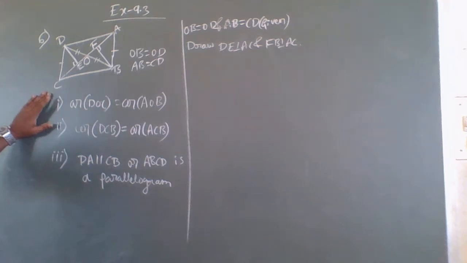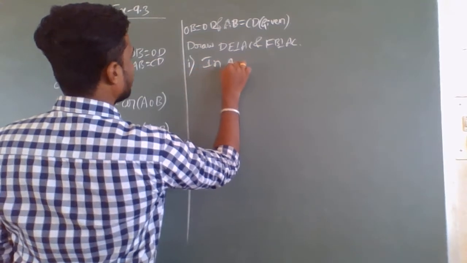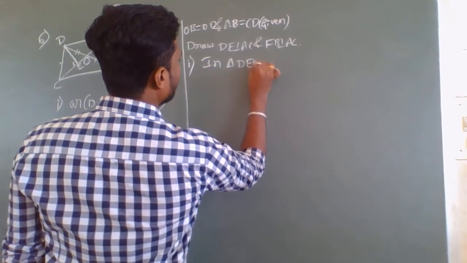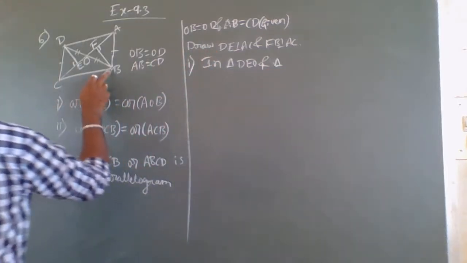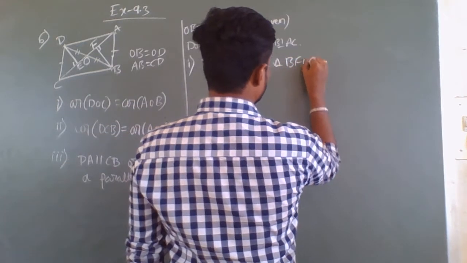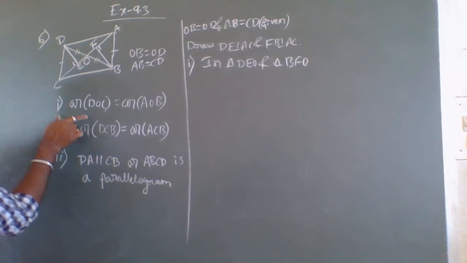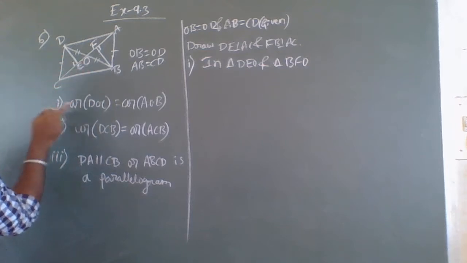So now we have to prove these three questions. First question: I will consider triangle DEO and another triangle, BFO. In the first question, we have to show in the diagram that area of DOC equals area of AOB.